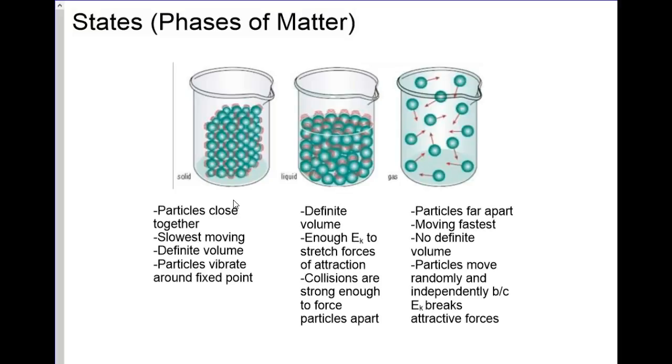What's really interesting is that substances have their own unique melting points, which is when the substance goes from a solid to a liquid, and their own evaporation or boiling points, which is when something goes from a liquid to a gas.